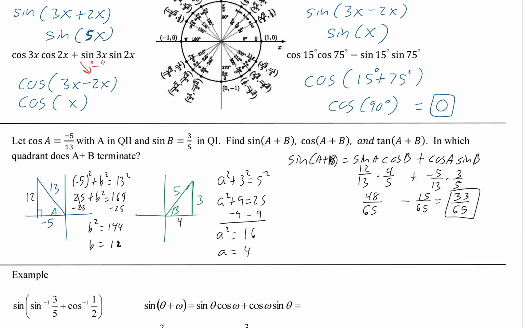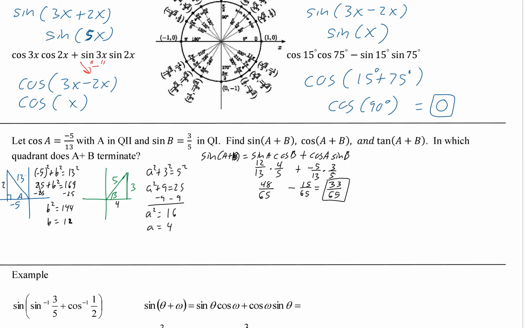So I'm going to modify this a little bit so I have some room for cosine. Okay, so now let's do cosine. So cosine A plus B, again, he's a selfish person.